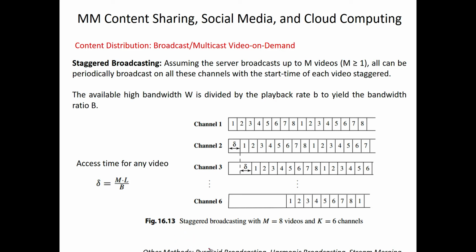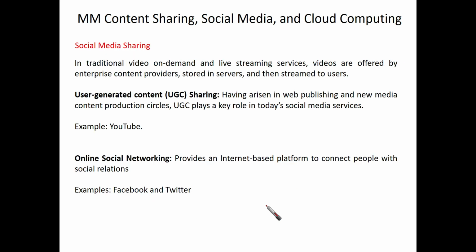There are other methods called pyramid broadcasting, harmonic broadcasting, and stream merging. They are very interesting concepts, and you can learn about them yourself if you are interested. But as a concept, staggered broadcasting is fine.